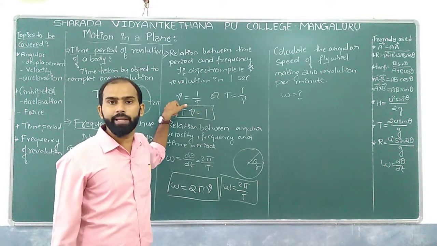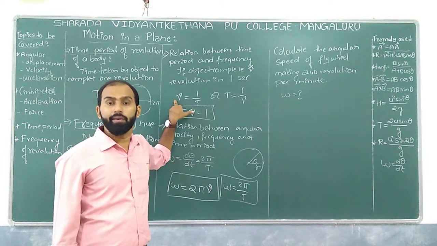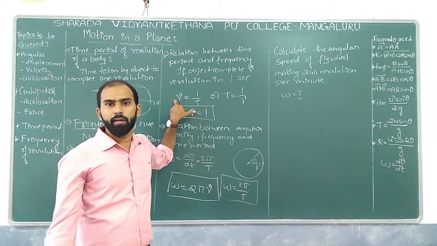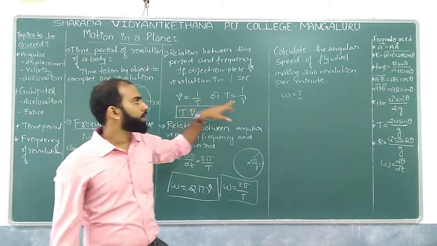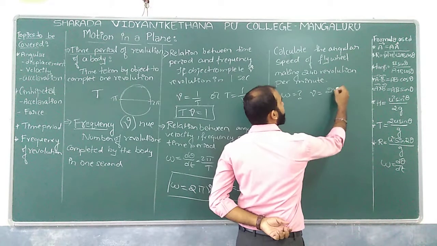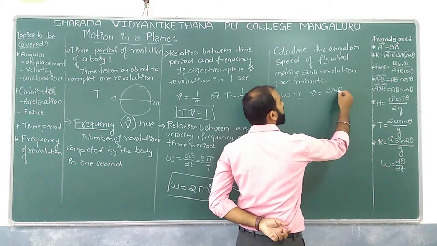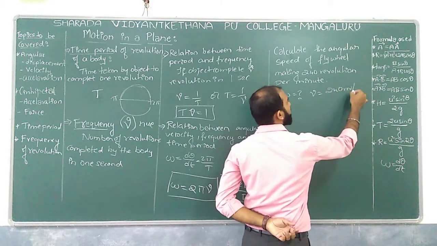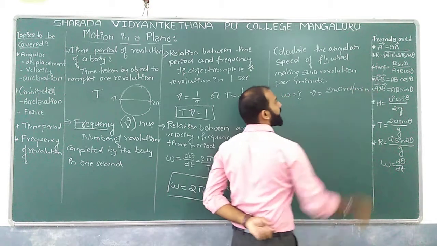Frequency means 1 by T, revolutions per second or per minute. They have given the frequency as 240 revolutions per minute.